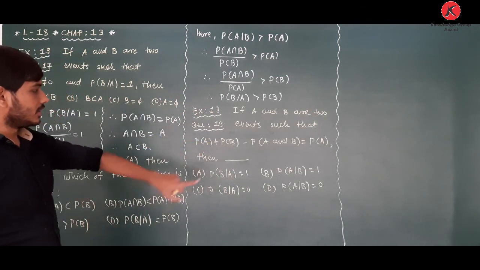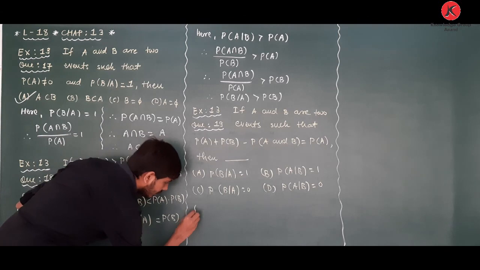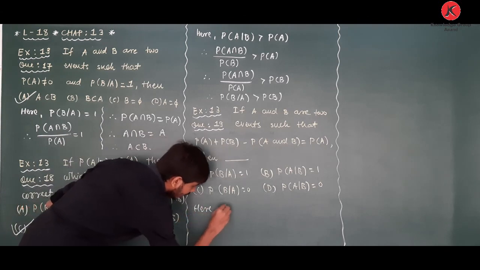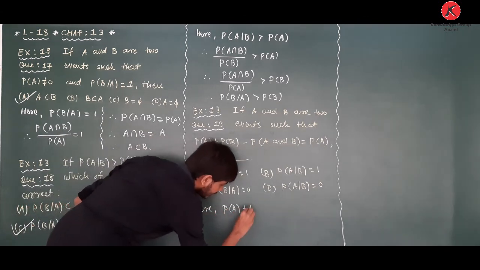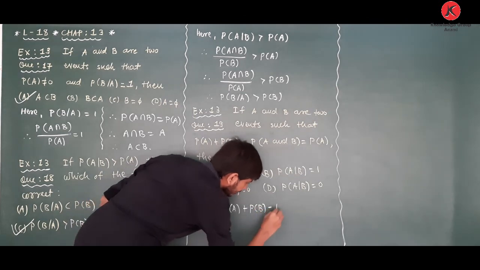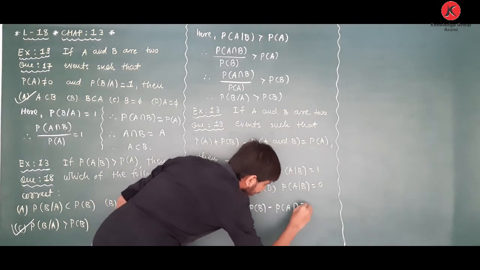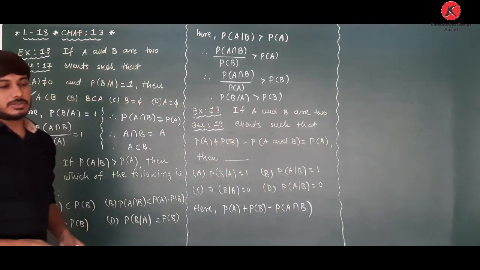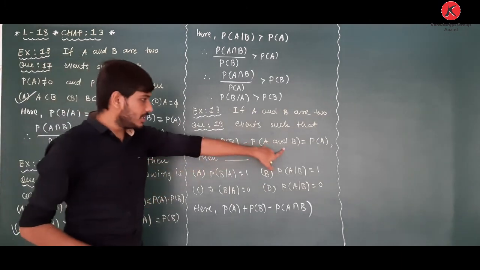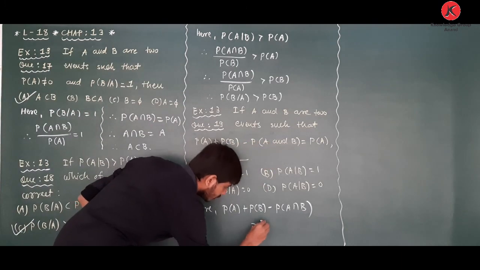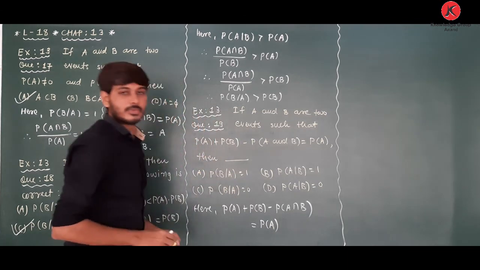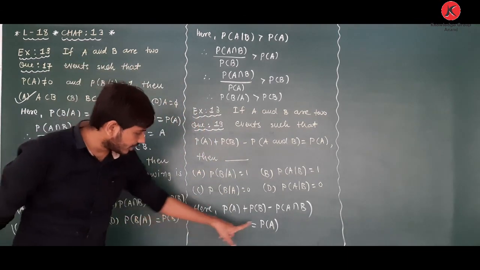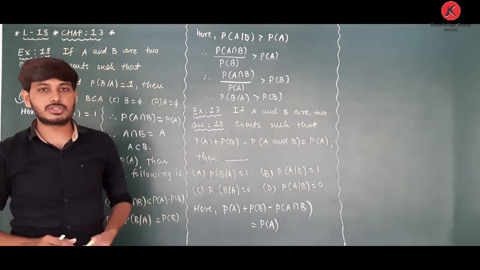The given condition is that probability of A plus probability of B minus probability of A and B, we can write probability of A intersection B here, which equals probability of A. Now we can see that probability of A cancels out from both sides, so left hand side is subtracted and right hand side is 0.